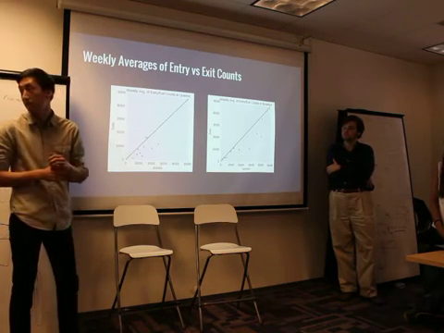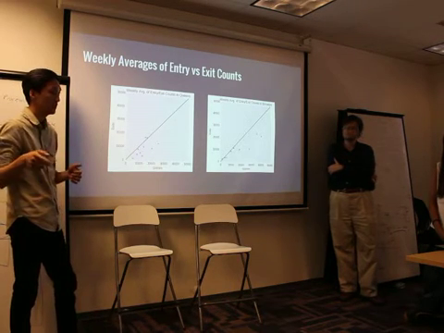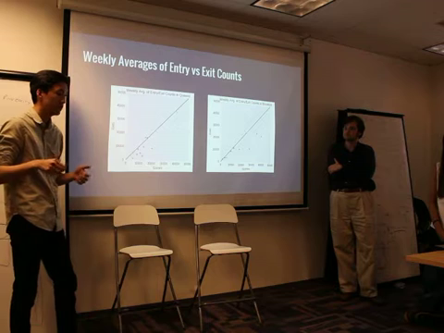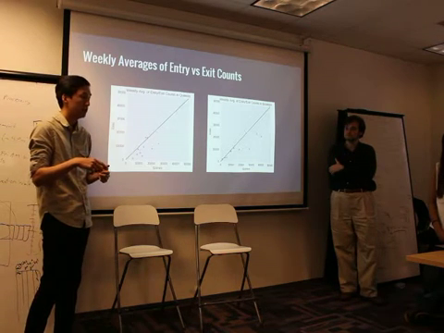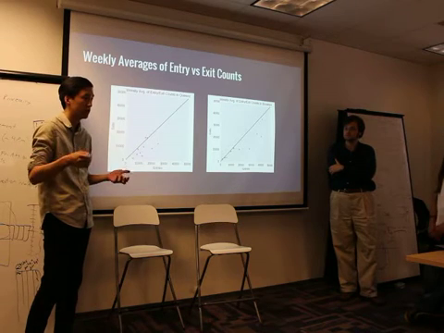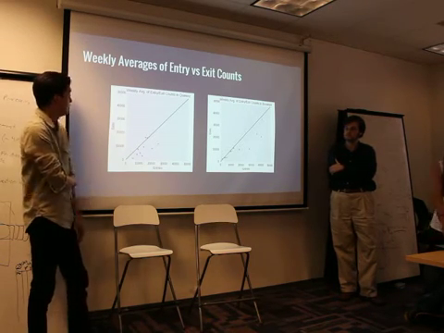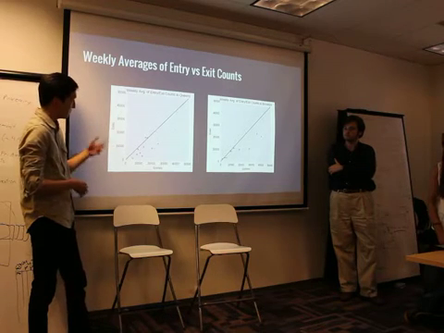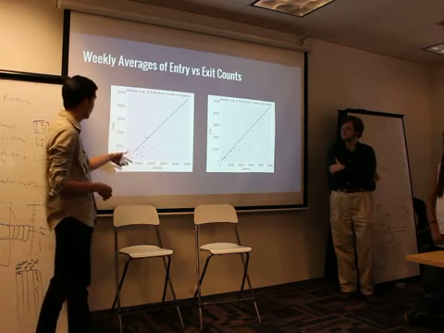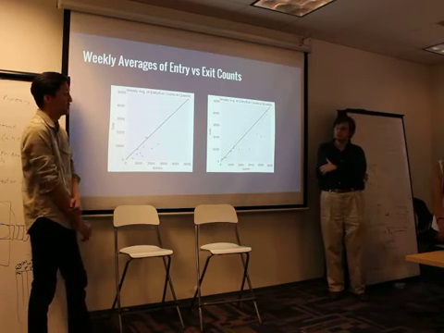Also because there's a flat fee, once you swipe your card into the turnstile to get in, it doesn't really matter where you get off. You don't have to swipe your card again to get out. You can just use any way to leave the station. So that's what this is showing. We have fewer entries than exits, and I think that's a good thing to keep in mind and to be aware of.